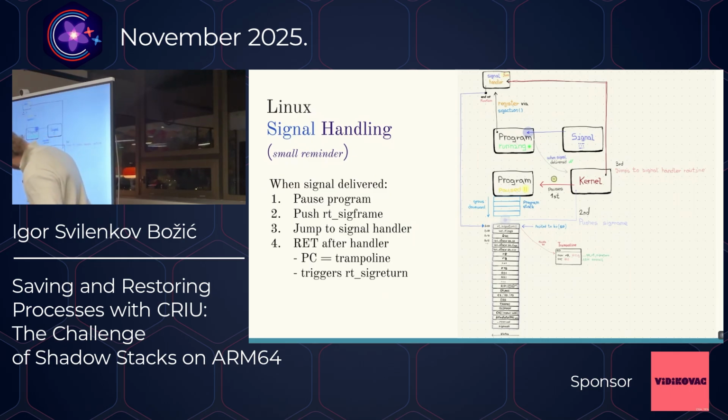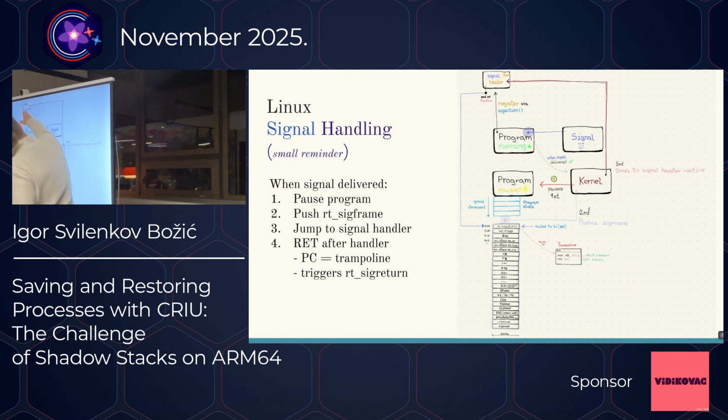These are all the registers that were at the time when the signal arrived, and other things. There's a lot of stuff, and then it jumps to the signal handler routine that you registered by sigaction.